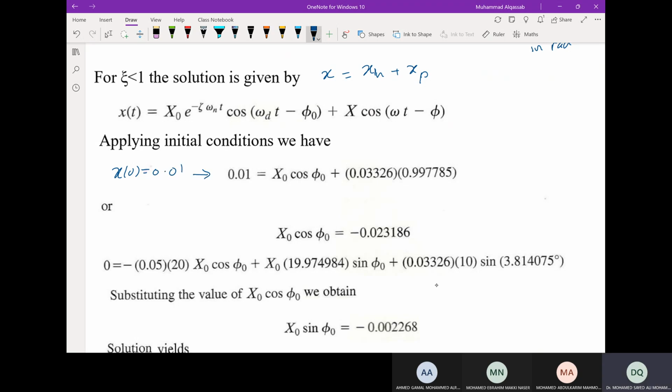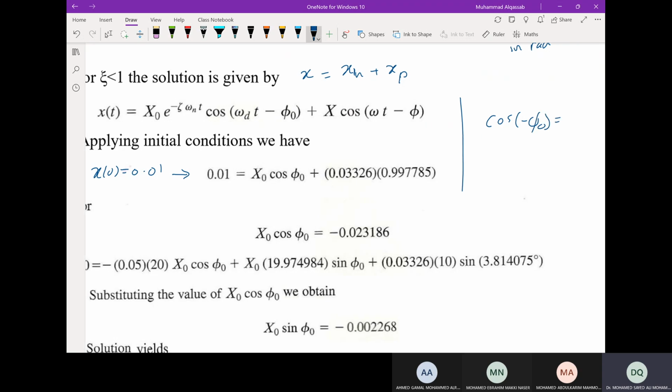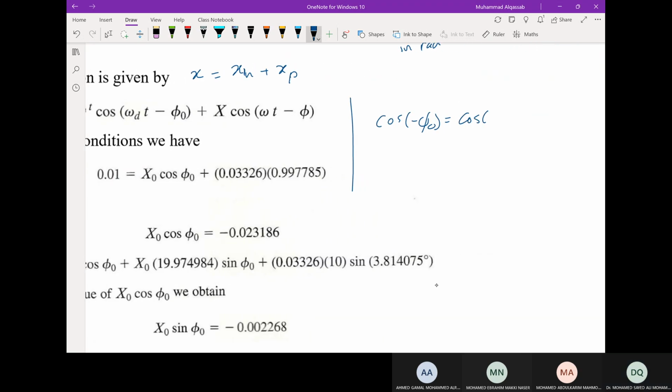So x at 0: X0, e to the power 0 is 1, cosine of minus phi 0. When you put t equal to 0 here, this will be cosine of minus phi 0, and cosine is an even function, so this becomes cosine of phi 0.